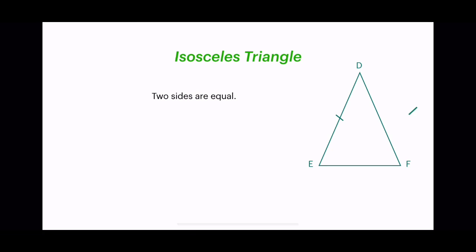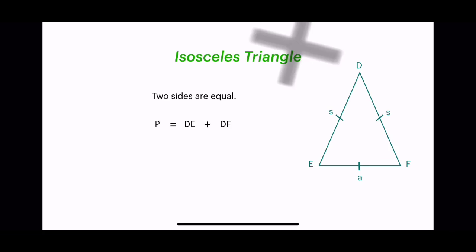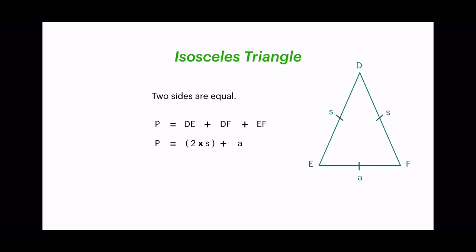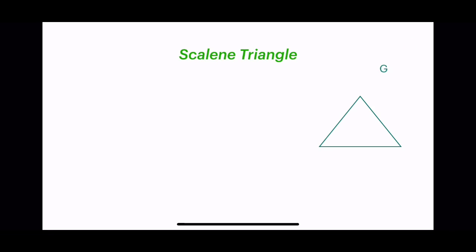So, perimeter P is equal to DE plus DF plus EF, which is equal to P is equal to 2 into S, which are the same sides, plus a different side A. So, perimeter is 2S plus A. And now, for a scalene triangle, all the sides are different.